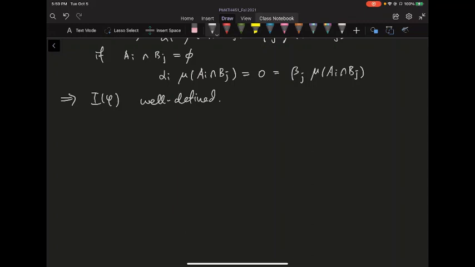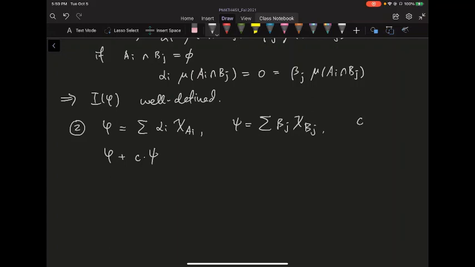Now if I want to show it's linear, this is really simple. Because we proved it is well defined, we can pick any representation, say phi is equal to the summation of alpha_i times chi of A_i, and psi is equal to the summation of beta_j chi of B_j. Then consider a linear combination phi plus c times psi, where c is a non-negative number.